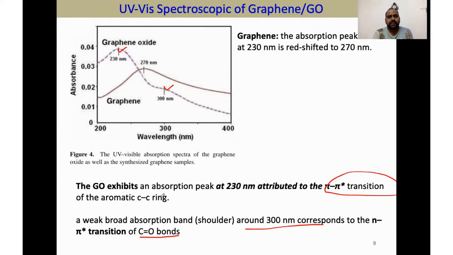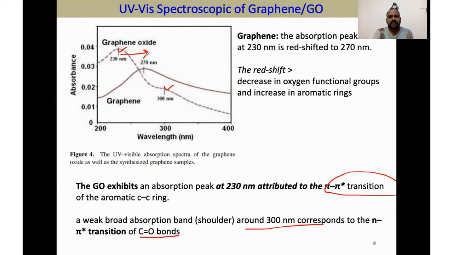When we have reduced graphene oxide, this absorption peak at 230 does not appear as such; it basically gets shifted here. Originally it is here, and when it is attached with oxygen, there is a splitting, and we observe one peak and two peaks. Or you can say it the reverse way: this graphene oxide peak is shifted to here when it is reduced to graphene.